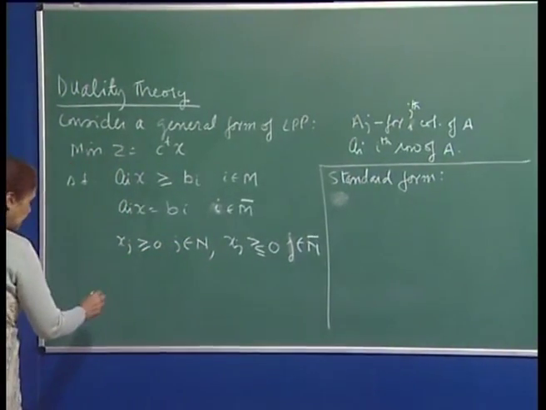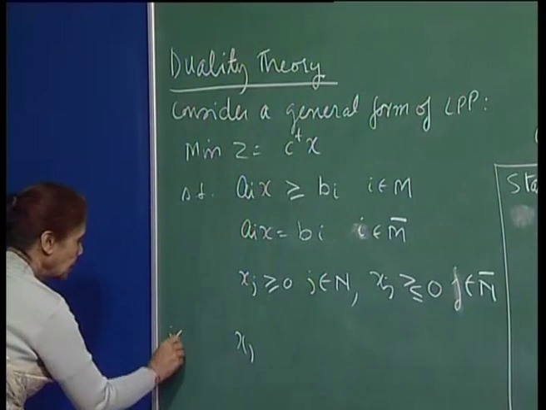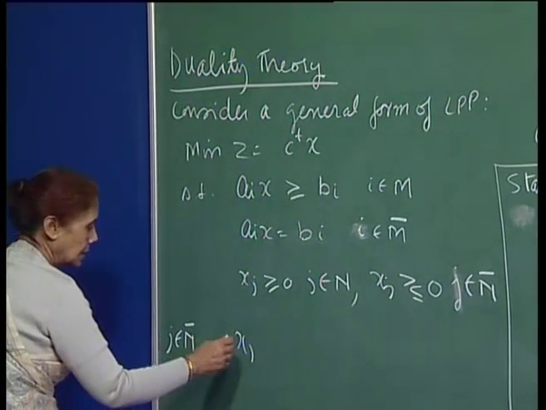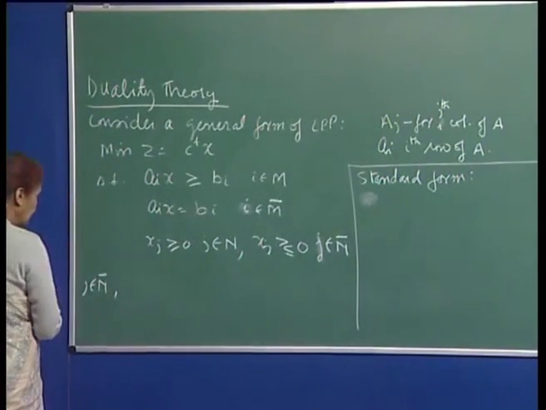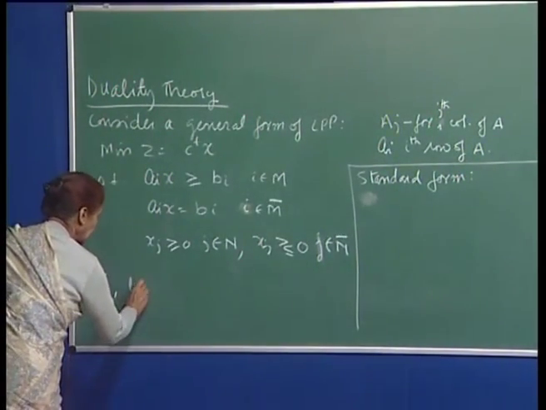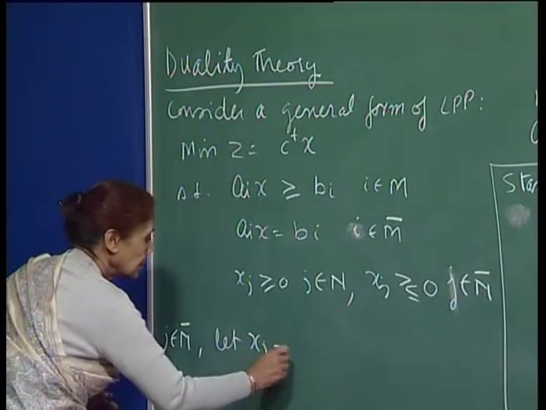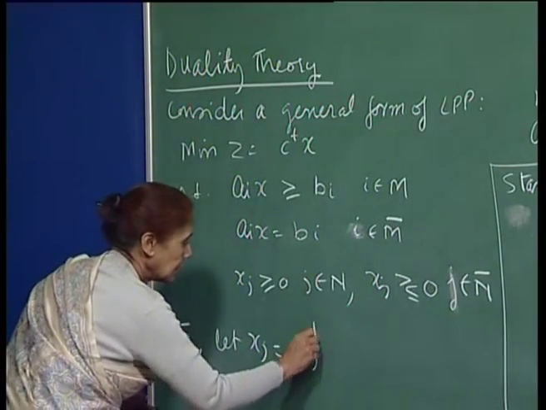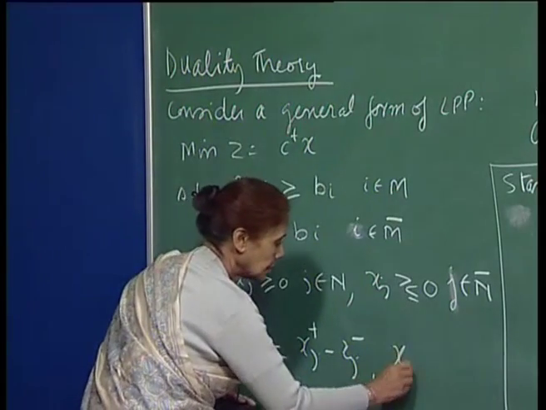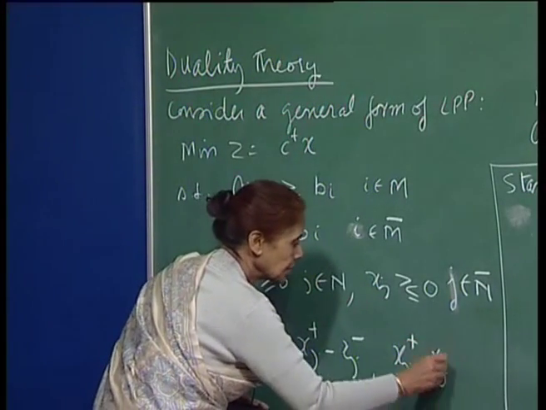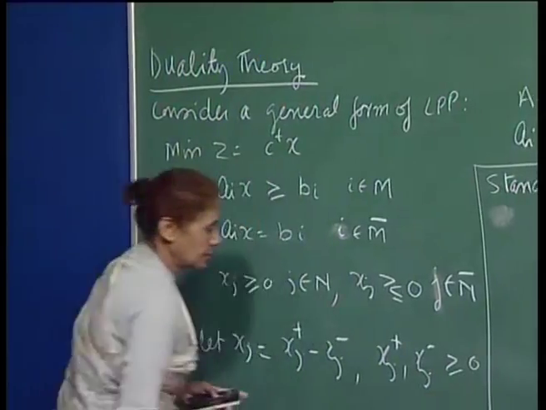So, for j belonging to N bar, let x_j be written as x_j plus minus x_j minus, where x_j plus and x_j minus are greater than or equal to 0.